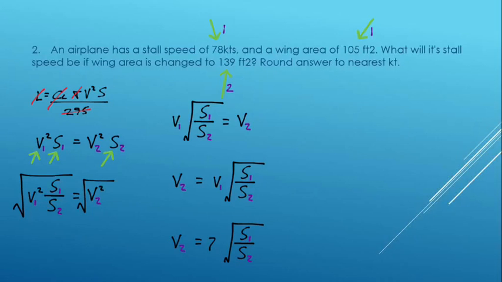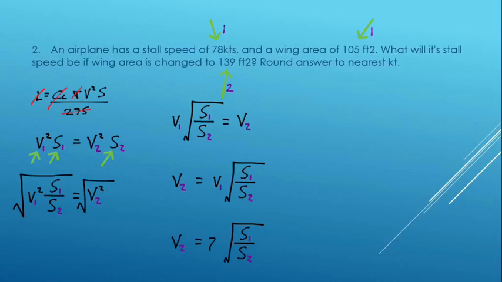So I wind up with the formula: my second velocity, the one I want, is equal to the first velocity times the square root of the original surface area divided by the new surface area.